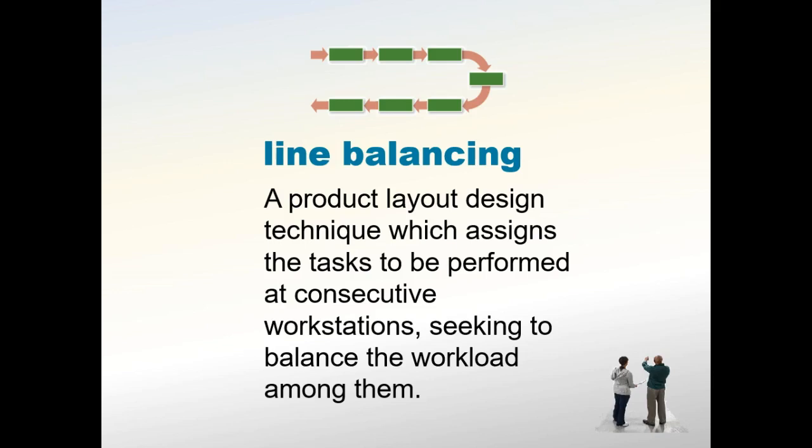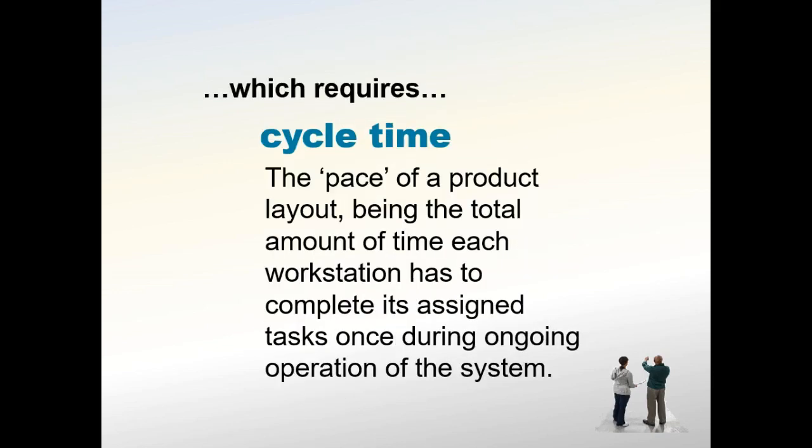Line balancing is an algorithm producing a design through a series of steps, and the first of these steps concerns the cycle time of the line. In a product layout, the unchanging path or line is typically organized into a series of distinct locations or workstations.